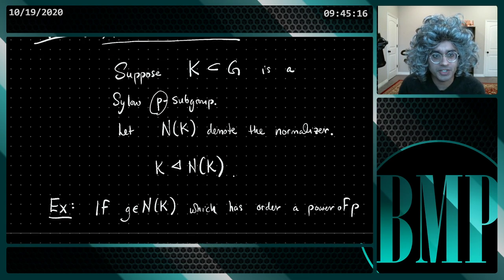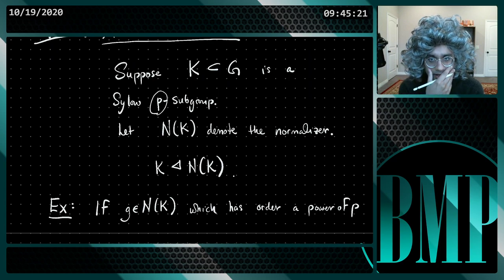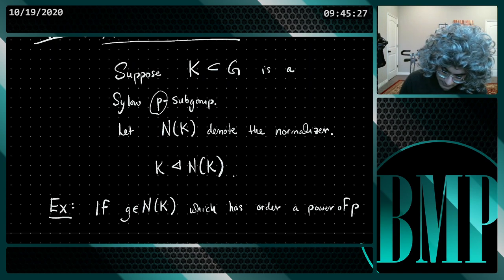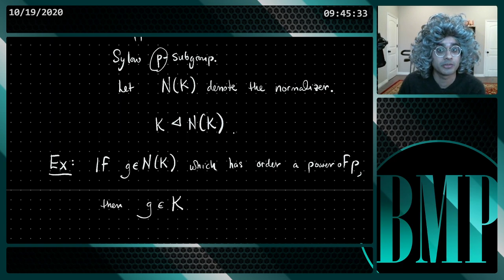If g is some element in the normalizer of the Sylow p subgroup, which has order a power of p, then g is actually contained in the Sylow p subgroup to begin with.